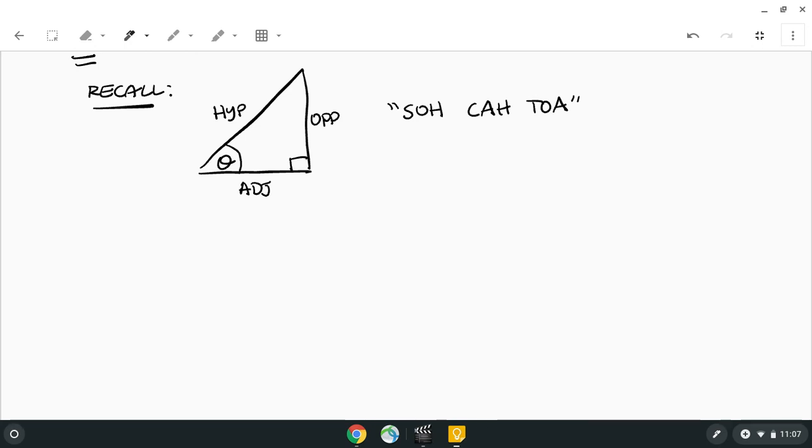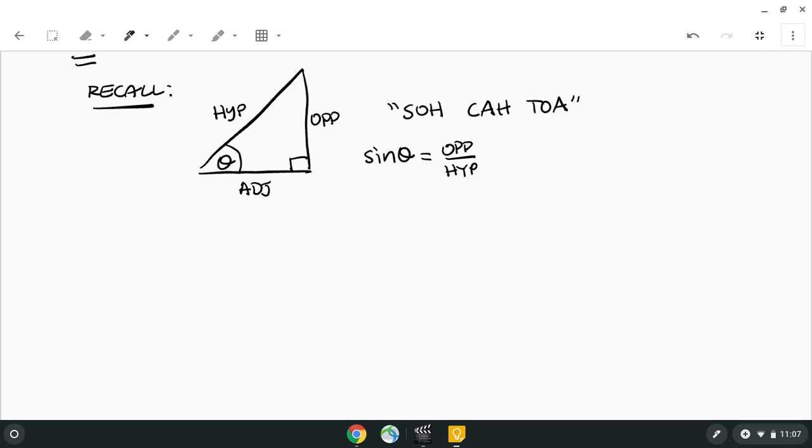S stands for sine, C stands for cosine, T stands for tangent. And then the O, H, and A stand for these three things that I just wrote on the triangle: opposite, adjacent, and hypotenuse. According to SOH, sine of theta is the ratio of the opposite, O, over H, hypotenuse.